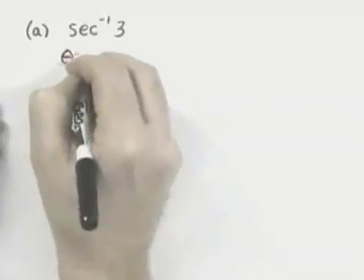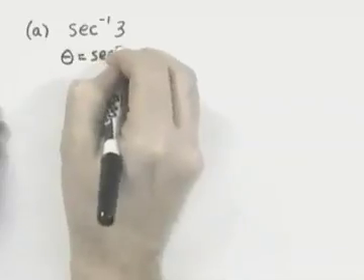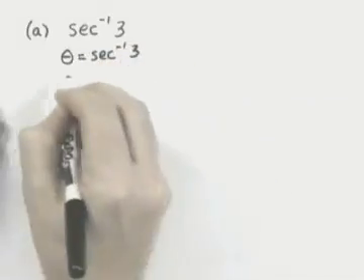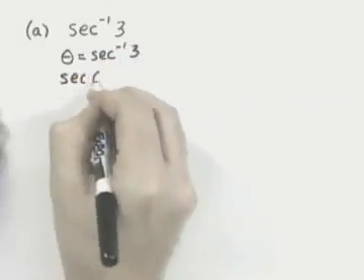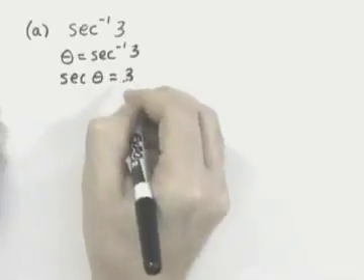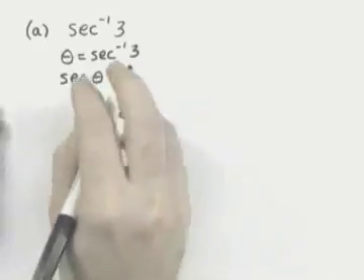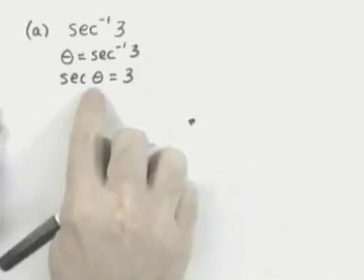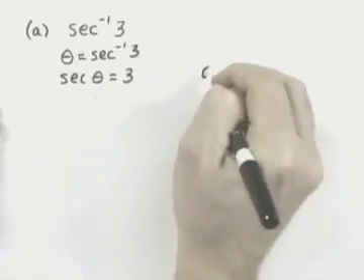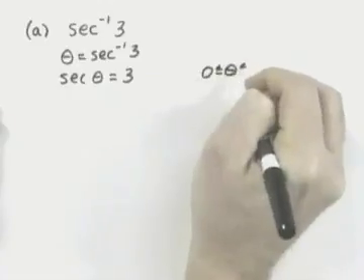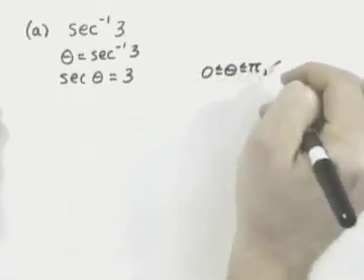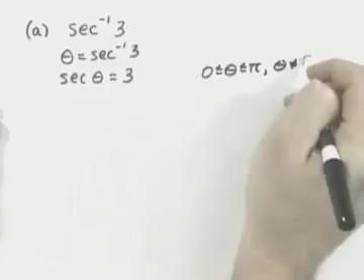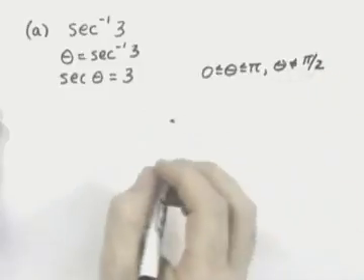That means that theta equals the inverse secant of 3, so that the secant of some angle theta equals 3. Now what we need to remember is that the domain restriction on the angle theta is that theta has to be between 0 and pi, but theta cannot equal pi over 2.